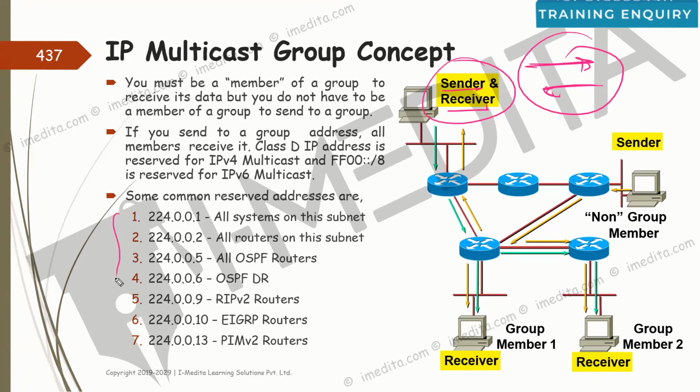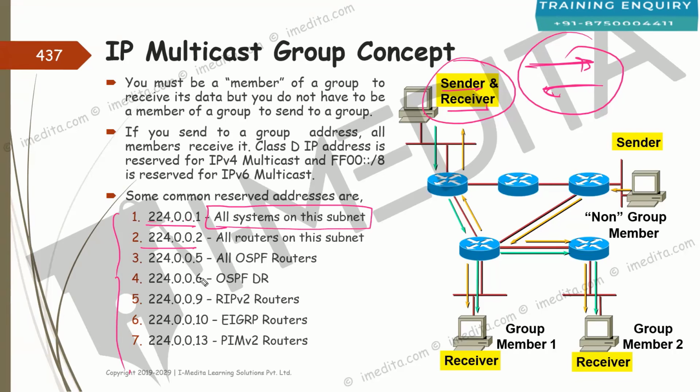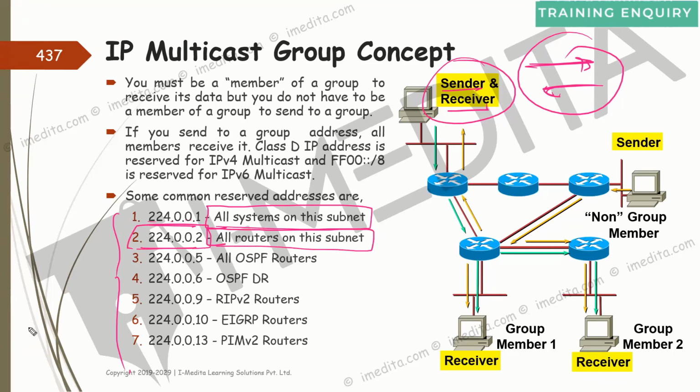And these are some commonly known multicast addresses of the class D range. If you send any packet to 224.0.0.1, it will be delivered to all the systems on the subnet. If a device multicasts a packet to this address, it will be received by every device.